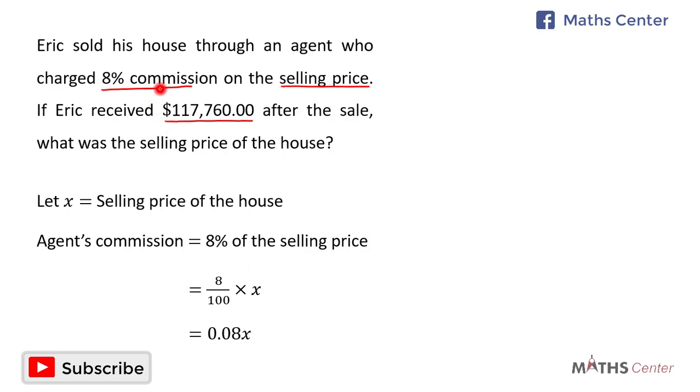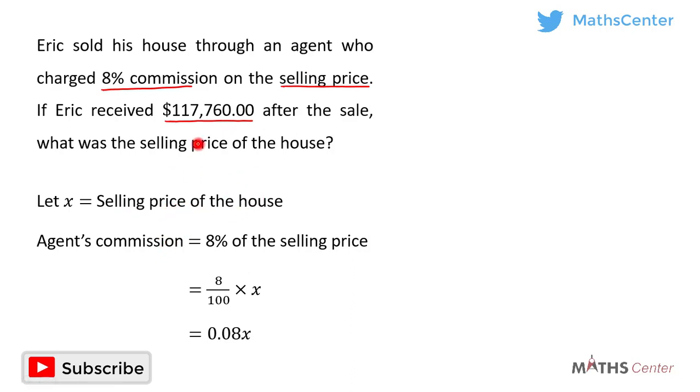As we have seen from the question, Eric sold his house through an agent, and the agent charged 8% commission. After the sale, Eric received $117,760. Because the house was sold through an agent, the person who bought the house paid for two things, meaning that the selling price of the house comprises two things.